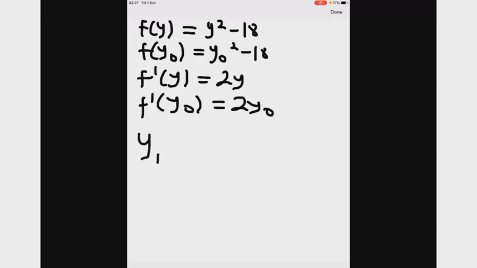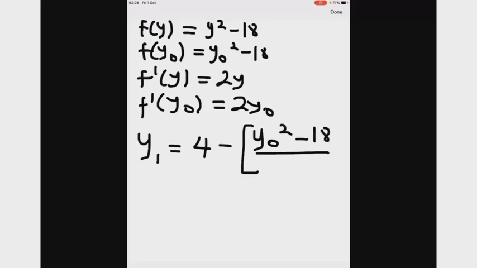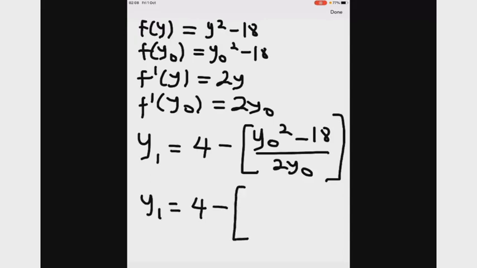Now my y1 equals y naught minus y naught squared minus 18 over 2y naught. y1 equals 4 minus, my y naught is 4, 4 squared minus 18 over 2 times 4.